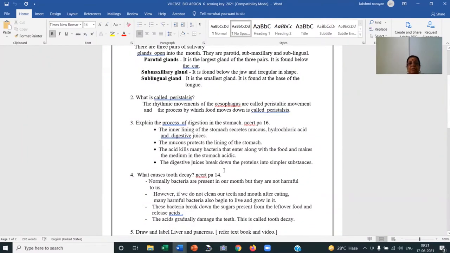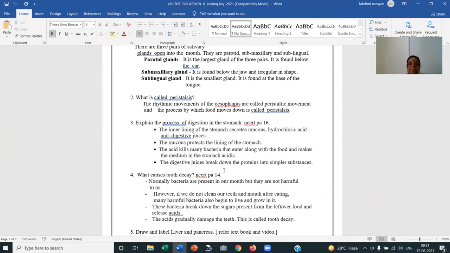The rhythmic movement of the esophagus is called peristaltic movement, and the process by which food moves down is called peristalsis. That is the definition for peristalsis.